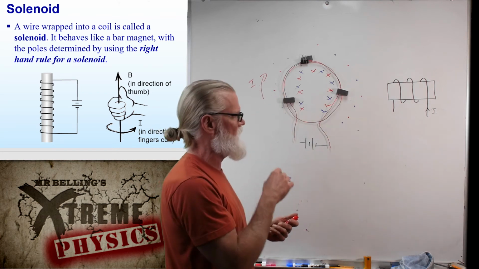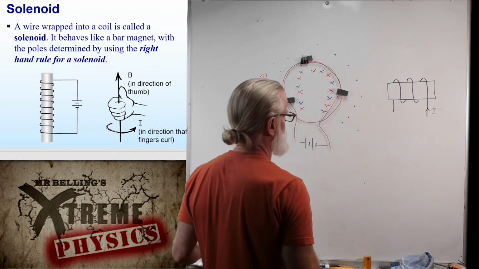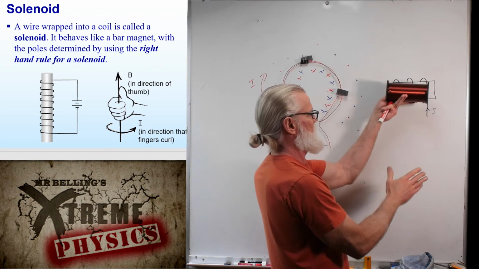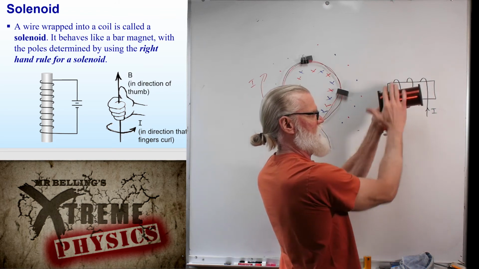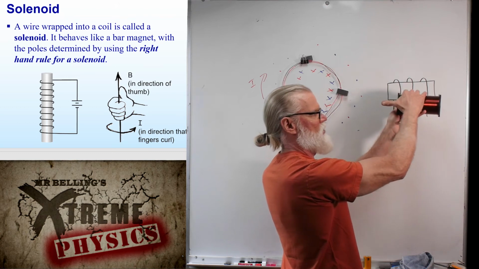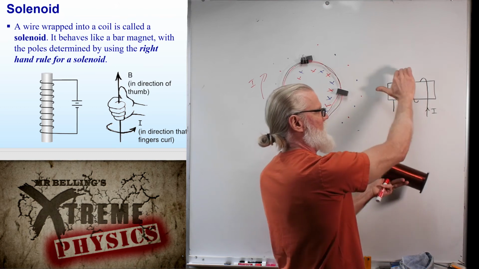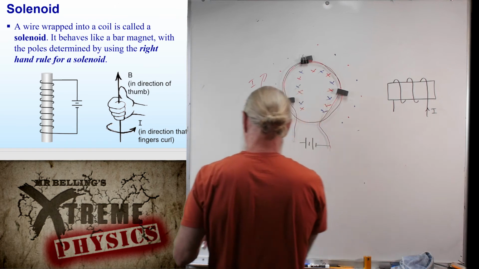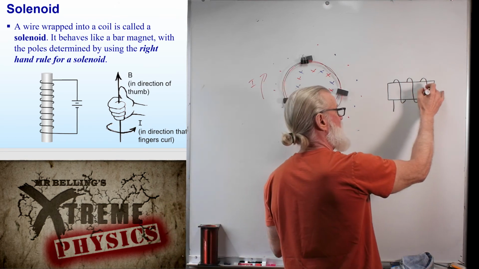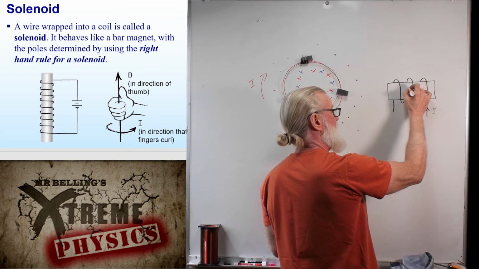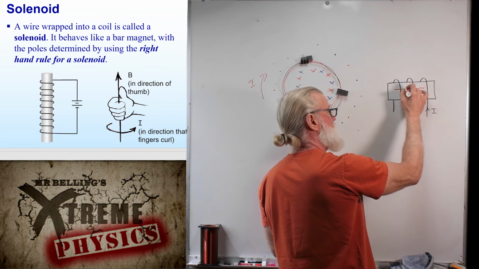So I'm going to use a right-hand rule for a solenoid. Here's my solenoid, and the current is going like that. I'm going to take my hand and wrap it this way, so my thumb points in the direction of the field inside the solenoid. So inside the solenoid, I've got a magnetic field going this way.